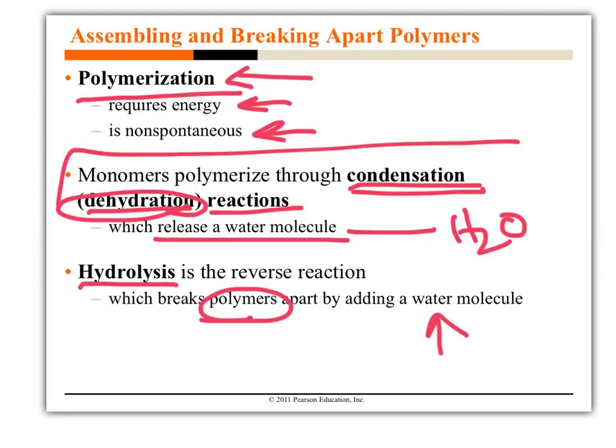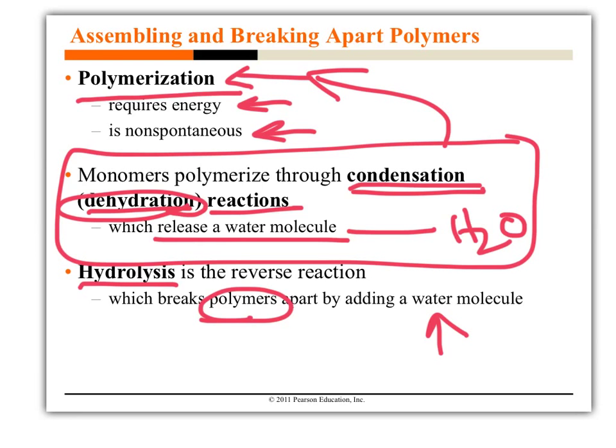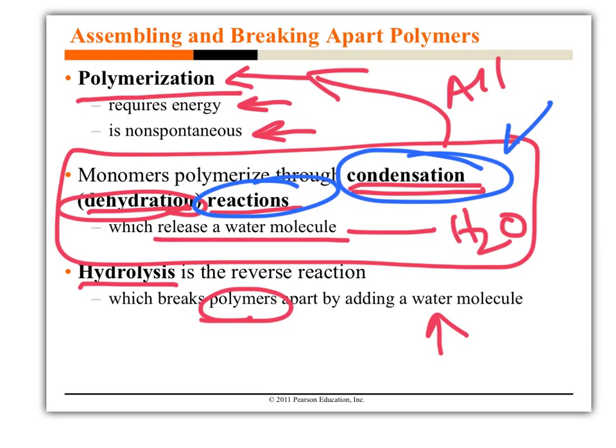We're mostly going to be talking about condensation because that is what drives polymerization. And as it turns out, all the biological molecules use condensation reactions. So you should never, ever get that wrong.